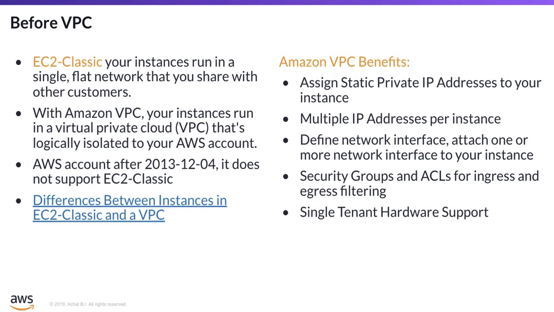To understand, before VPC there was something called EC2 Classic. It was a very flat network, instances were just created, and everybody used to share the network with each other. When they launched VPC, you got a very isolated private cloud, which logically isolates you from other accounts.